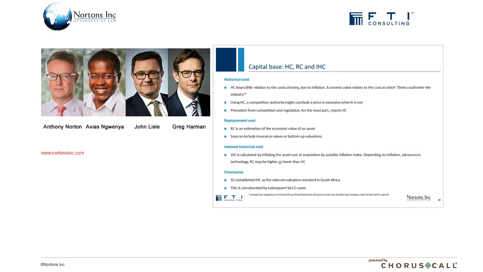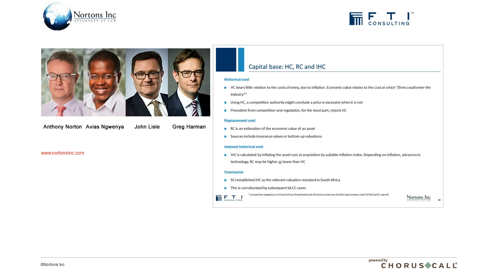The second approach is a bit more bottom-up, the replacement cost. And that basically starts afresh from today and says, if I was going to replace my assets, how much would it cost? And in some industries, especially property portfolio-based businesses, they can do that because they will revalue those properties on an annual basis, if anything, for insurance purposes.